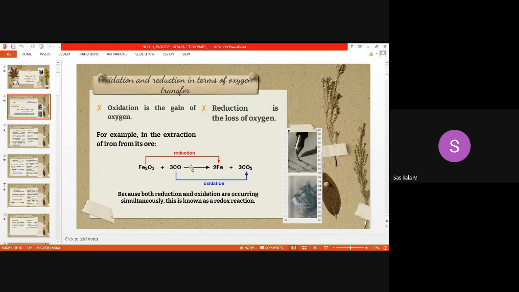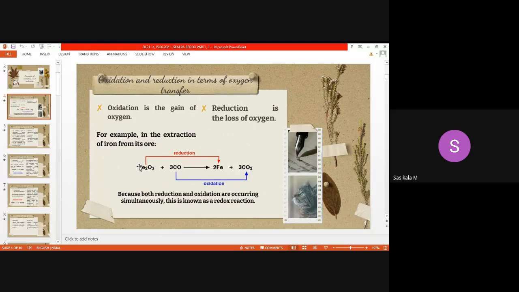Addition of oxygen occurs to one molecule, where the other molecule lost its oxygen. Both processes occur in the same reaction; reduction and oxidation occur simultaneously. One gets reduced and the other gets oxidized, and this type of reaction is called a redox reaction.